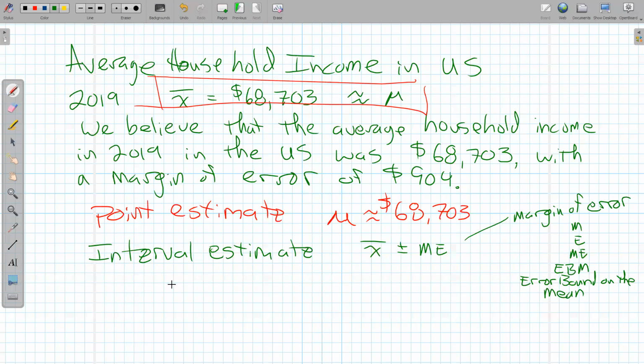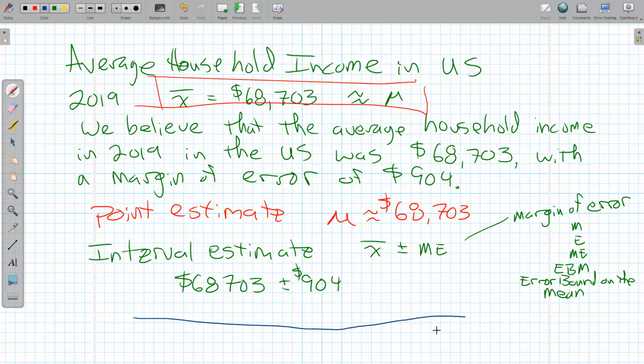So my interval estimate here would be, I think it's about $68,703 plus or minus, I'm off by about $904. Now, if I think about that on a number line for a second, here's my number line. There's a nice number line. The 68,000 is in the middle. So right in the middle here, I think this is my best estimate for the population. It came from a sample, right? It's not the whole population.